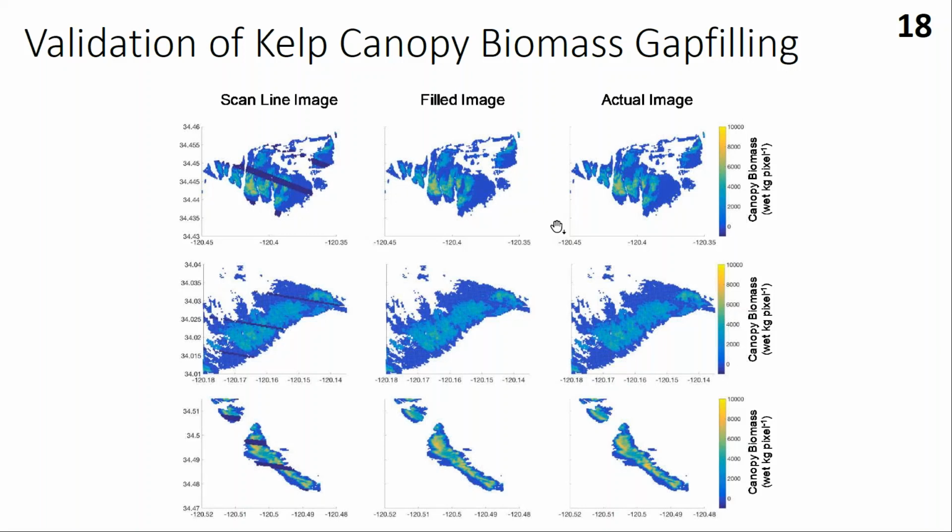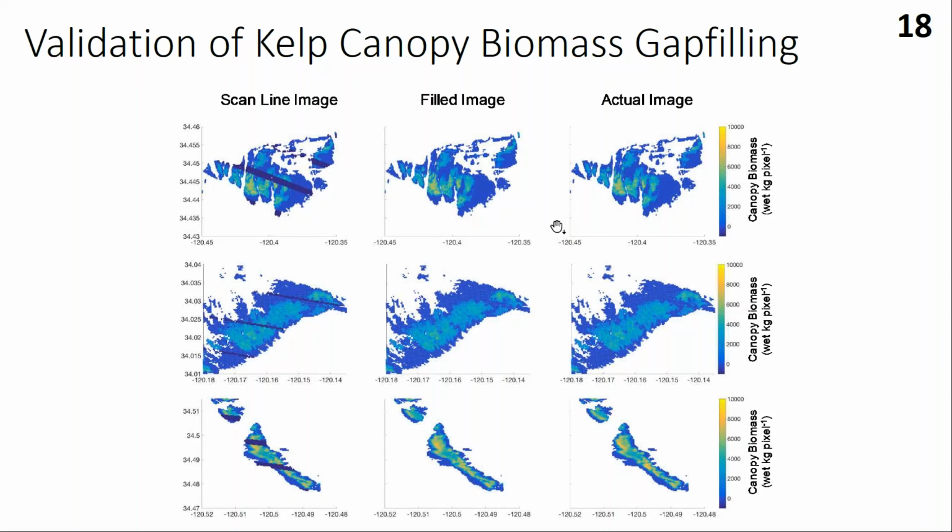And since the scanline error lines move from image to image, we can fill missing pixels using known biomass relationships between the missing pixel and nearby pixels, which are not covered by the missing data lines.